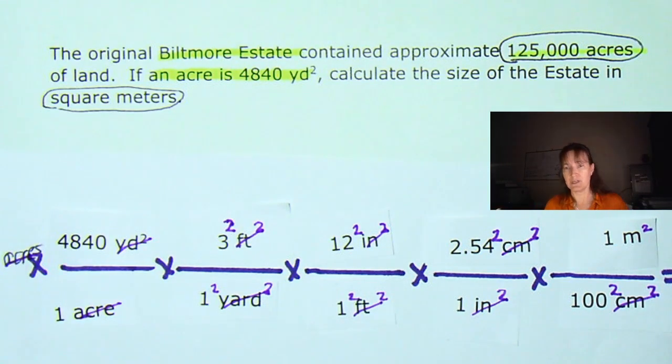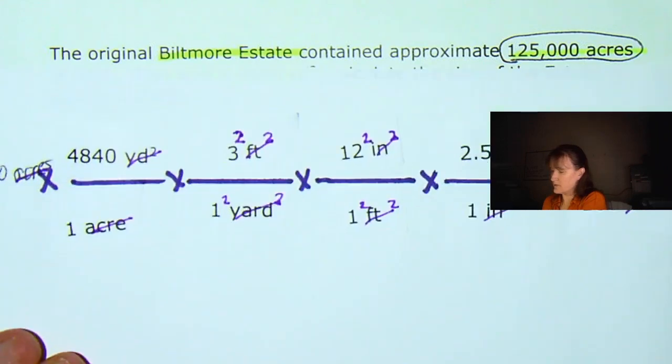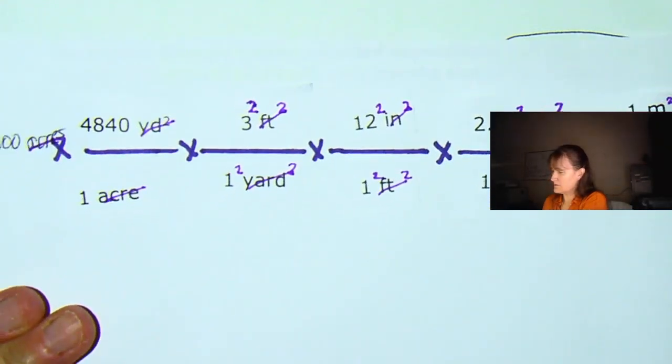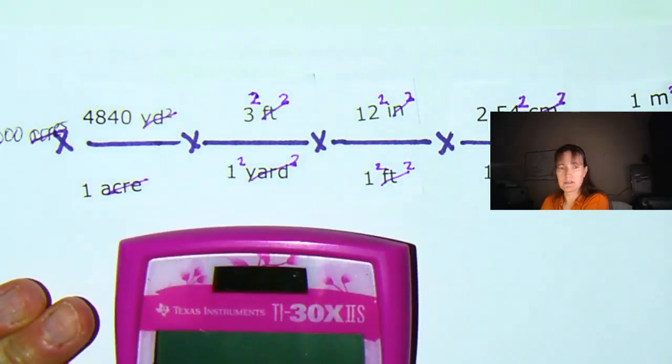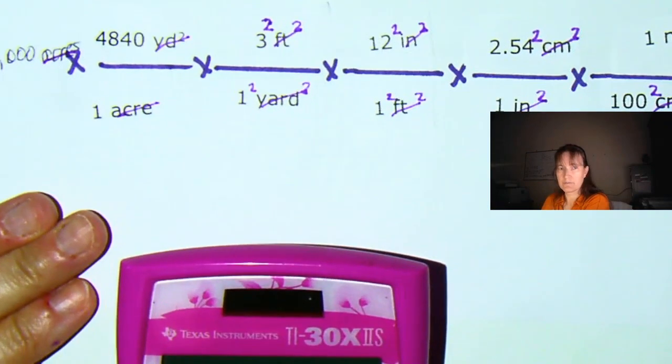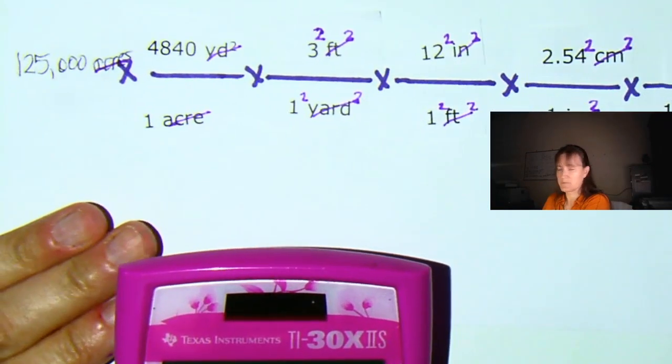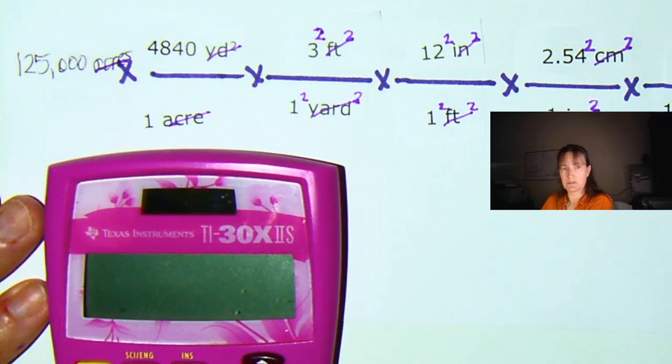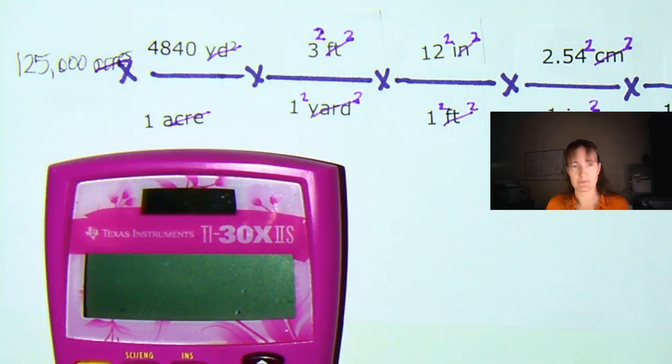So once we have the unit that matches what we want it to be, then we're going to use the calculator and we're going to do those calculations. I'll display it while I'm going through this. So we've got to start with the measurement. Since I wrote it down this way, we're only going to do what it says.